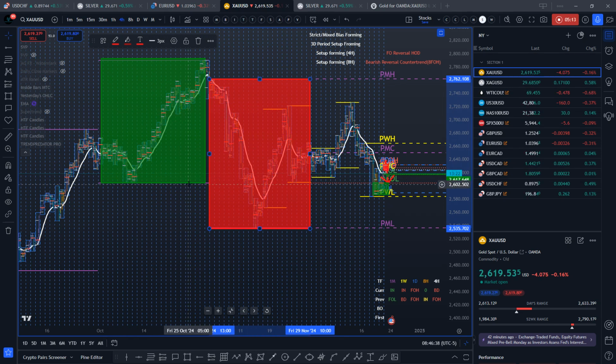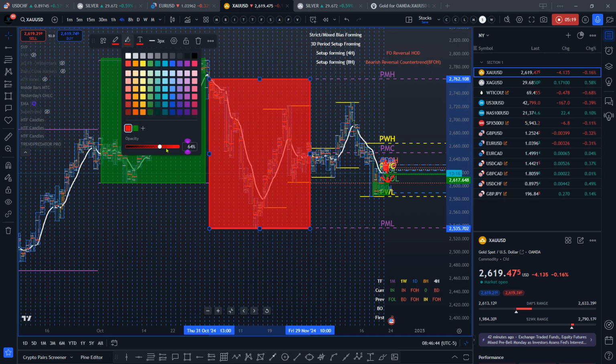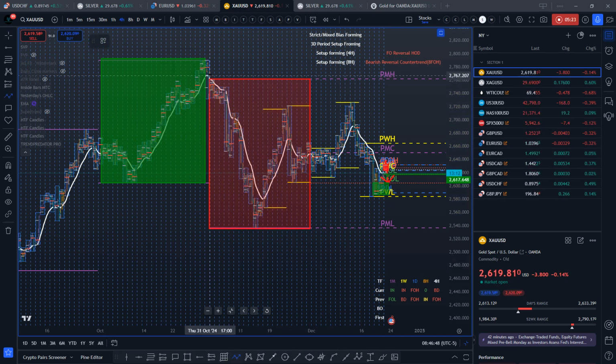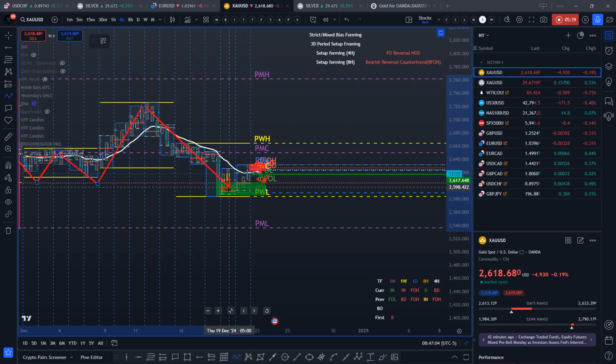So we're back inside of October's lows at this point over here. Right, so November, we broke the lows, we moved back up above the lows, and we've respected those lows as a support base until recently. Recently, we took them out again, last week.